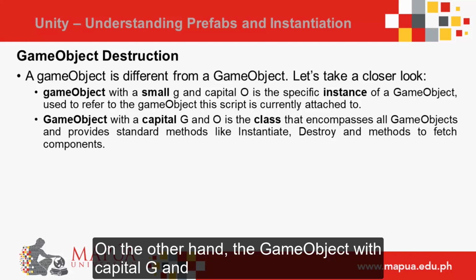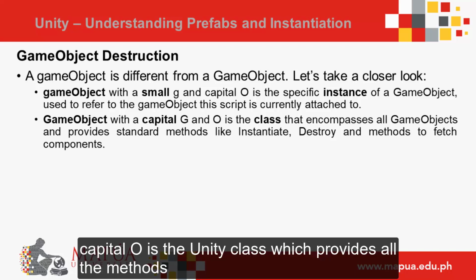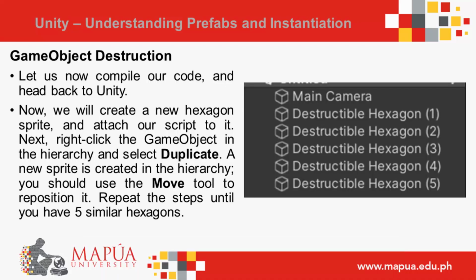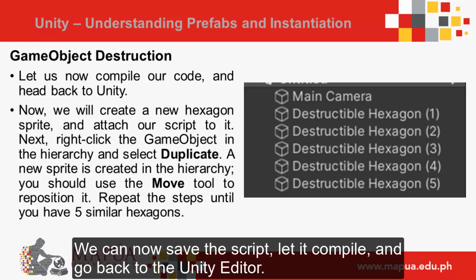On the other hand, the GameObject with capital G and capital O is the Unity class which provides all the methods such as instantiating, destroying, and fetching components. We can now save the script, let it compile, and go back to the Unity editor.